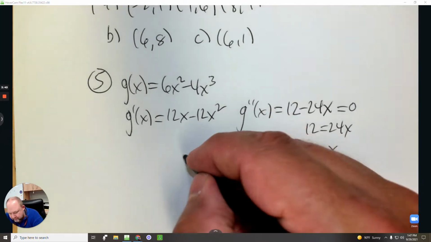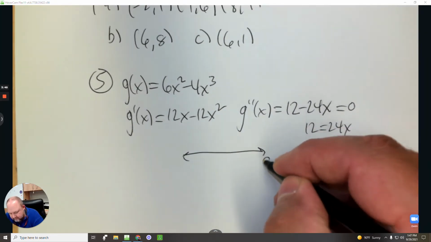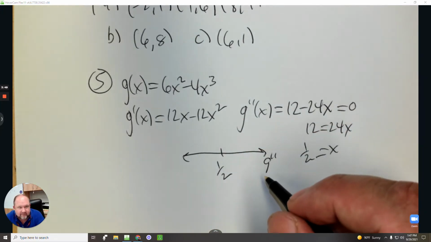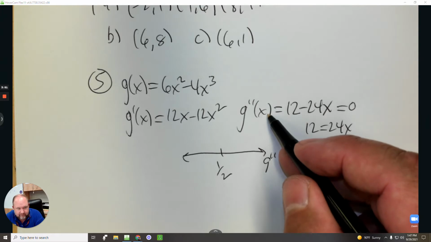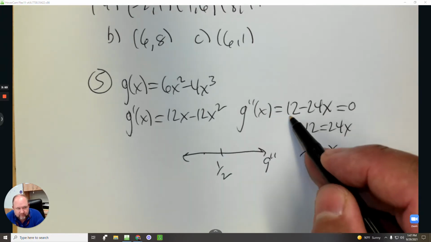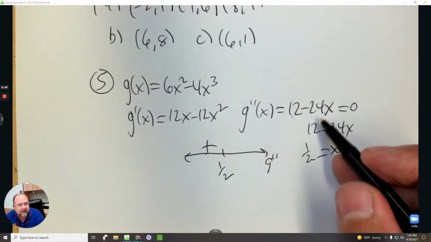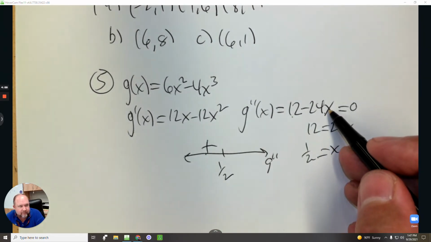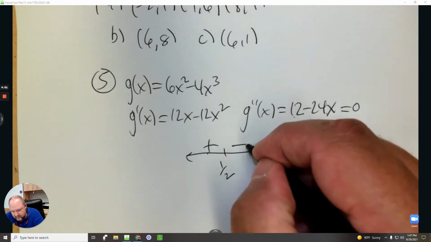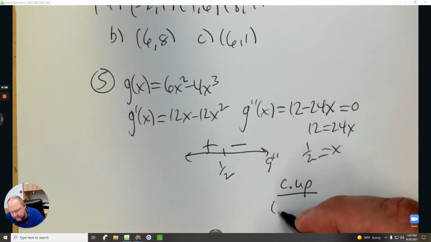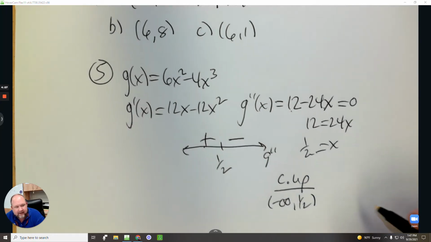Now, draw a second derivative number line. That's at 1/2. Then plug into the second derivative. So like plug in 0, and you can see the answer is positive. Plug in like 2 or 5 or 100, and the answer is negative. So that means this is concave up from negative infinity up to 1/2.